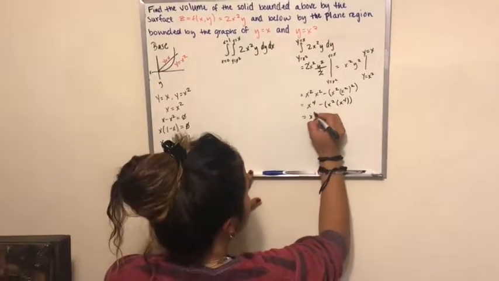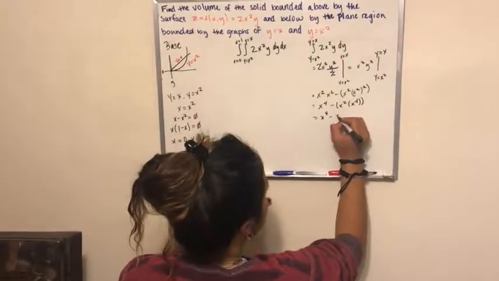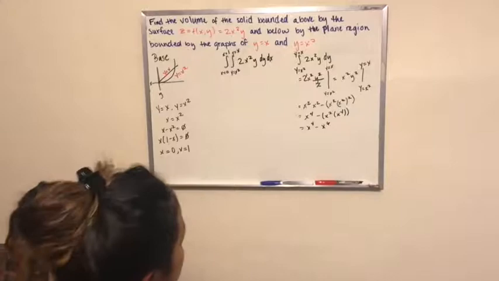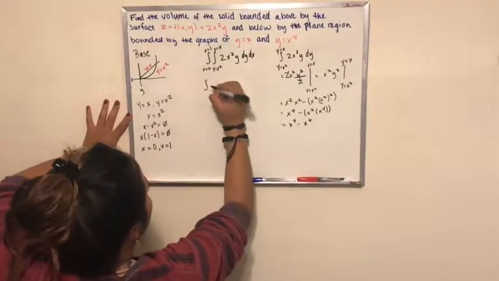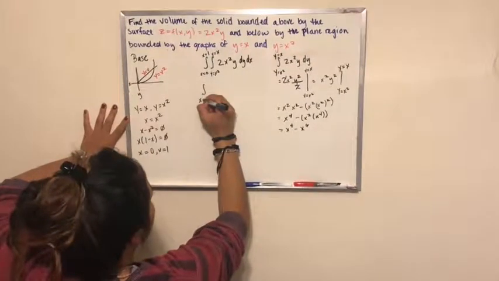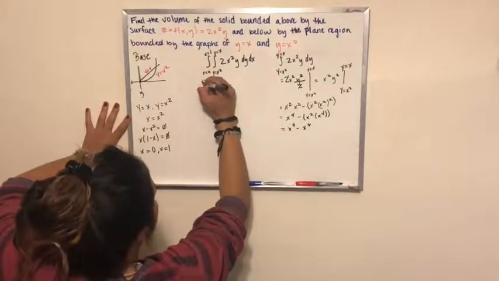Further, it can go to x to the 4th minus x to the 6th. And this answer will be inputted when we integrate with respect to x.